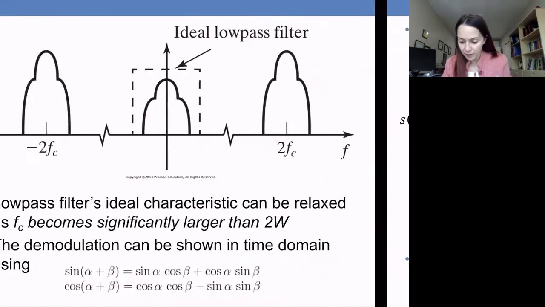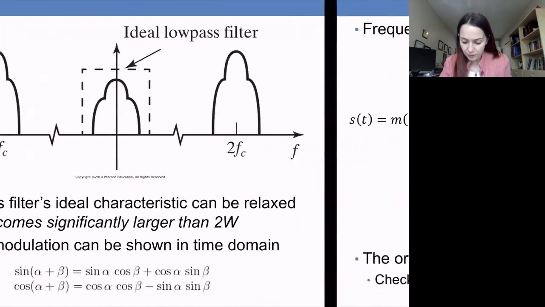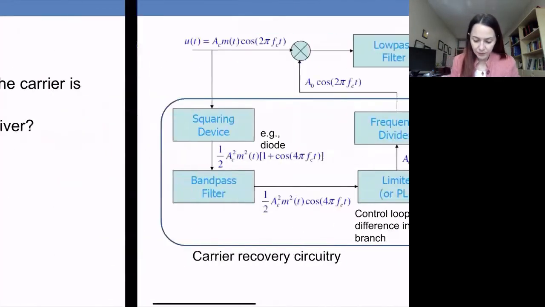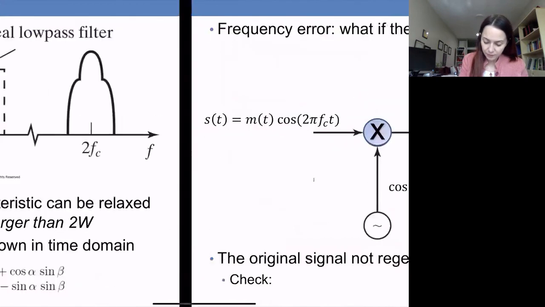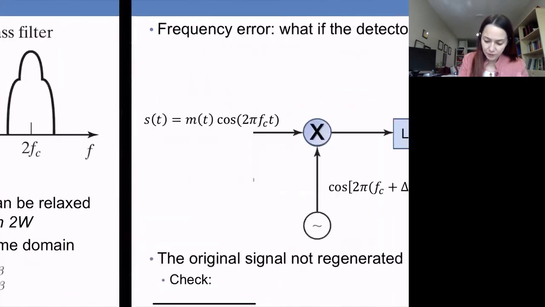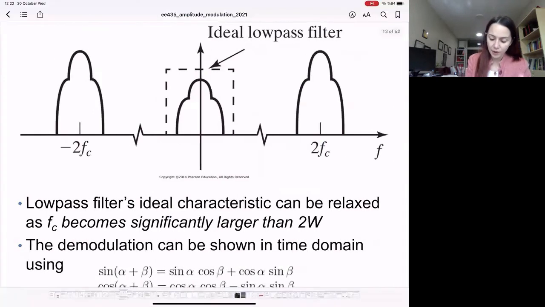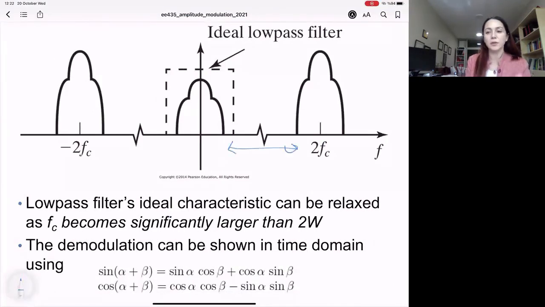If there is enough space here, then the low pass filter does not have to be perfect. I invite you to work it out on your own and show the demodulation in time domain again.